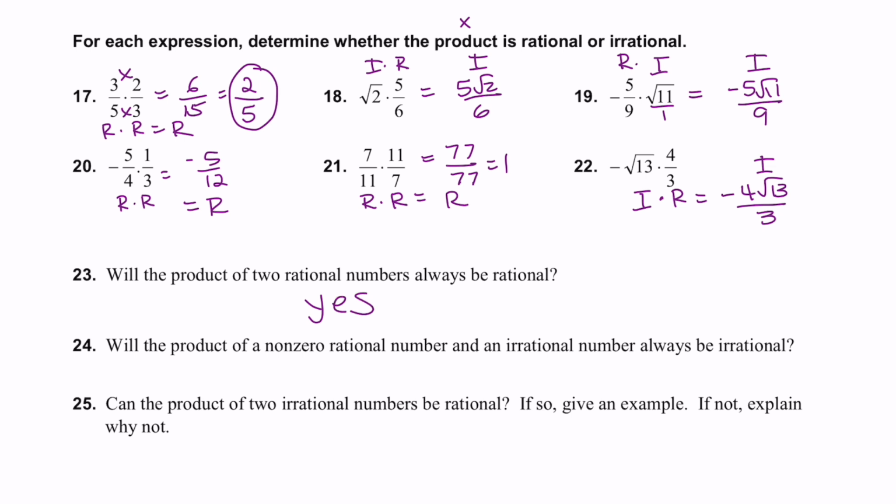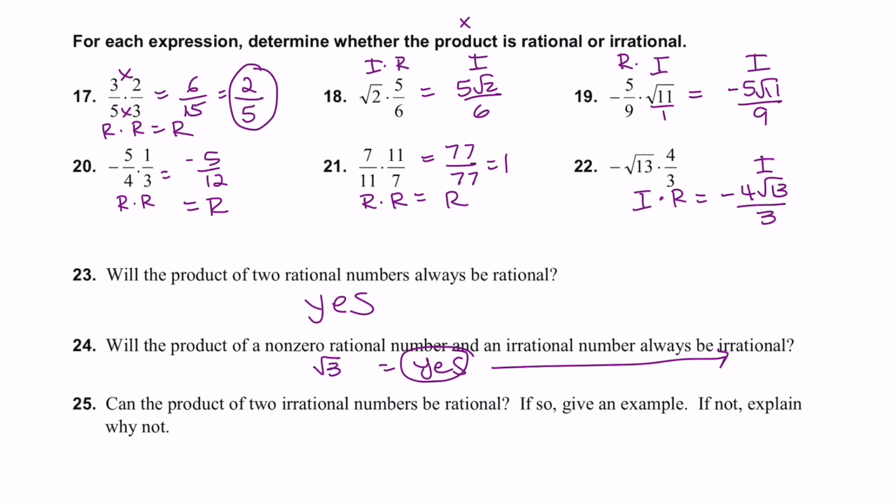Will the product of a non-zero rational number and an irrational number always be irrational? So if I have a square root of 3, there's not any rational number that I can multiply that square root of 3 by that will give me a rational number. So it will always be irrational.